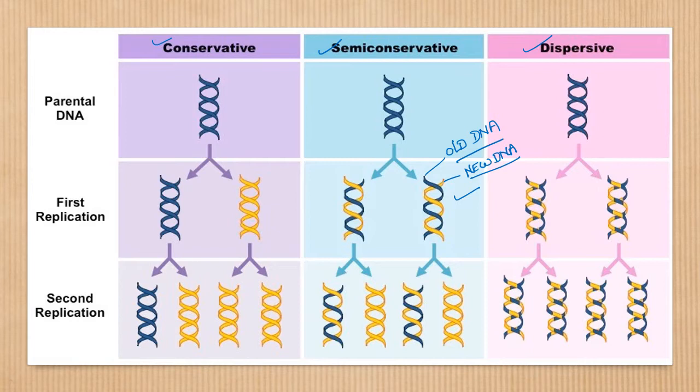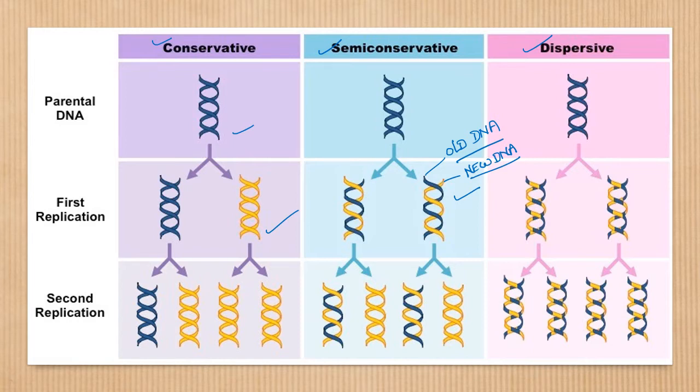Whereas in conservative replication, the entire molecule produces an entirely new DNA molecule, and in dispersive replication the old strand is present randomly between the newly formed strands.